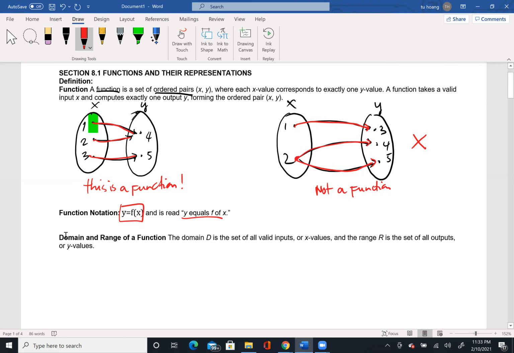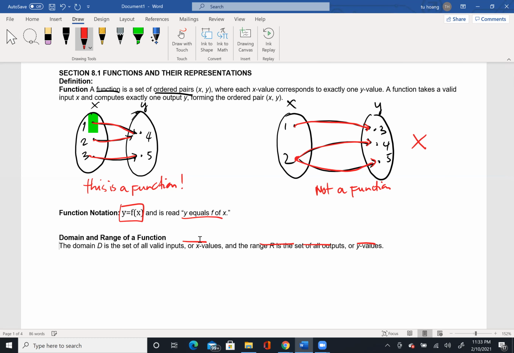One more definition that we also need to learn here is about the domain and range of a function. The domain D is the set of all valid inputs, or x values. Okay, so let me separate this.